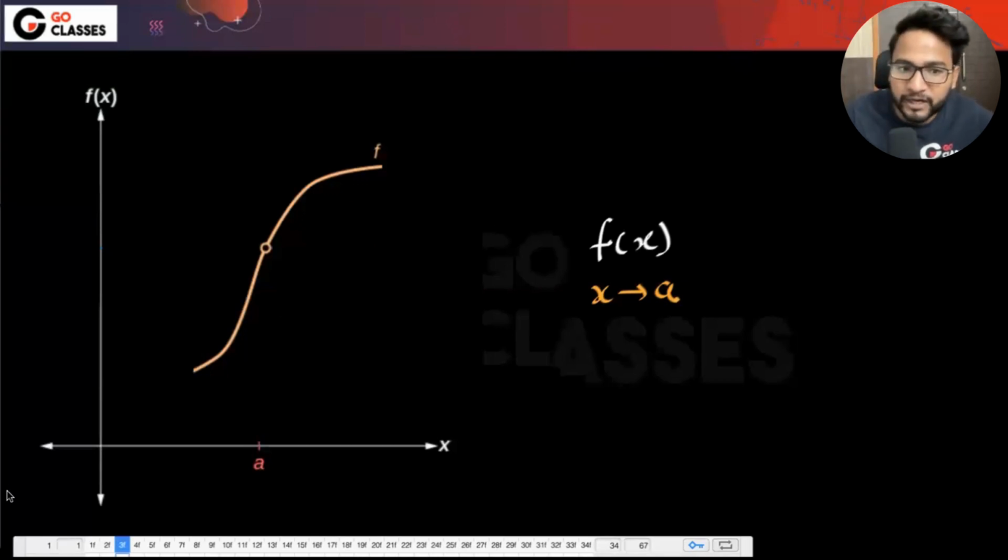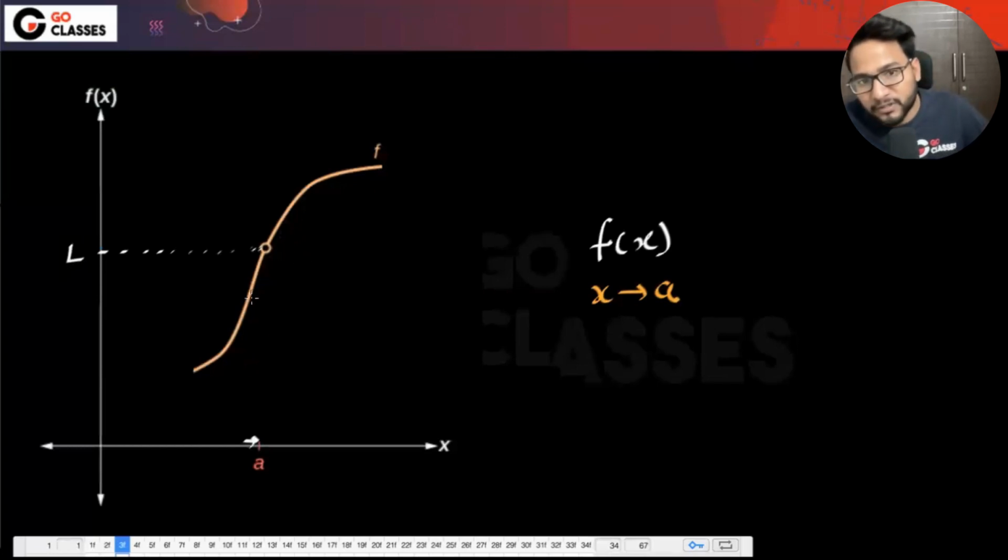Which means that if you go to a from the left side, then this value is, let's suppose, L. So if you go to this a from the left side, then which value is this function approaching?